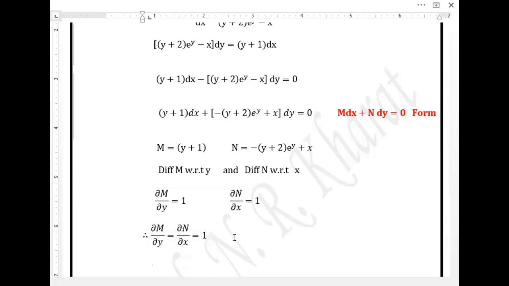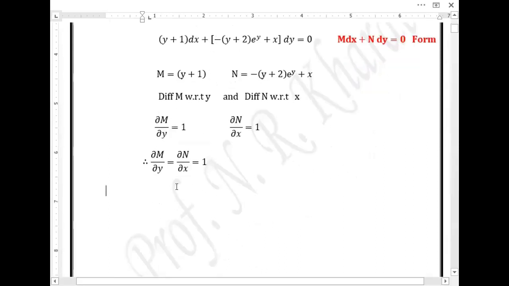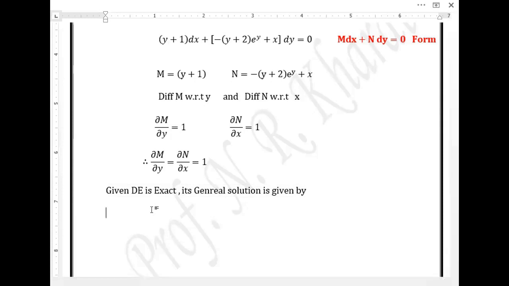If both derivatives are the same, then the given differential equation is exact. So the derivative of M with respect to y and the derivative of N with respect to x are both equal, and the given differential equation is exact. We can find its general solution by using any one of the rules, rule number 1 or rule number 2, depending on us.